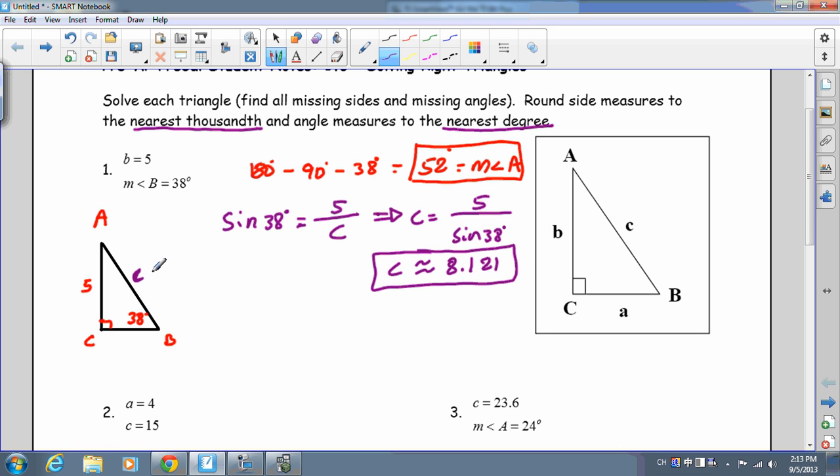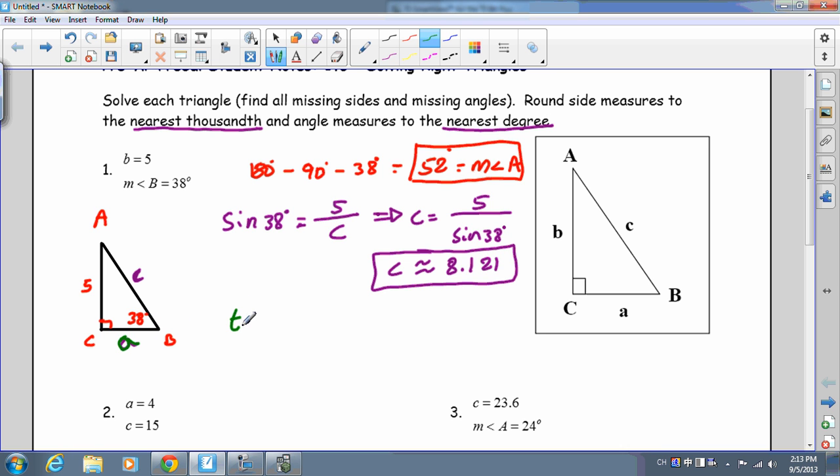So as of right now, I have this side and this side. I'm missing this side, but I do have the angle already. So to find the last one, the only operation that links the 5 that I know, which is the opposite, and A, which is the adjacent of the angle 38, is the tangent.